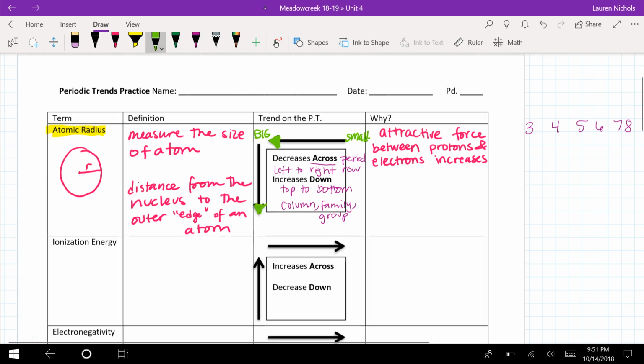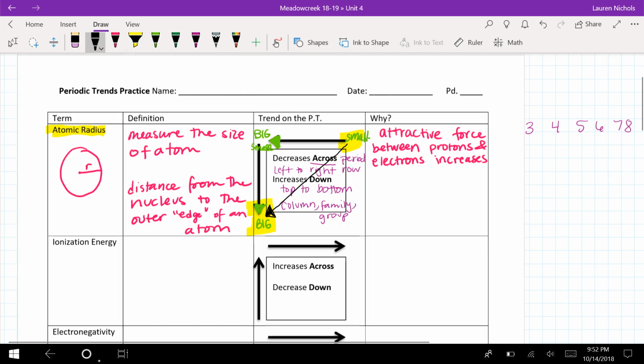So we have big down here, small up here, and the bottom left corner is going to have the very biggest, and the top right is going to be the smallest of everything. We can combine these two arrows into one arrow that moves across the periodic table in a diagonal line, and it would point in this way.